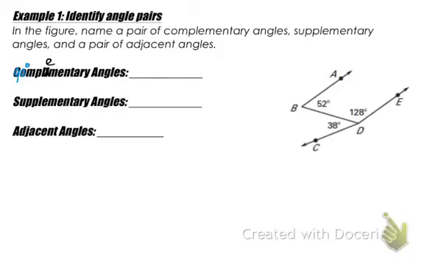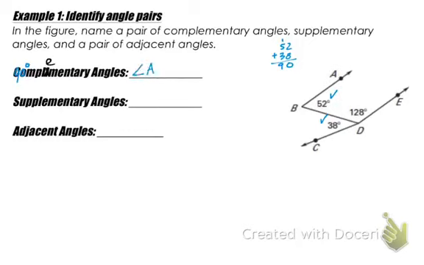Okay, so if we're identifying complementary angles, we need to find angles that add up to 90 degrees. So in our diagram here, two angle measurements that add up to 90 degrees, let's look at 52 and 38. So 52 plus 38 actually is 90 degrees, perfect. Then to identify the specific angles, we start from one end of the angle.